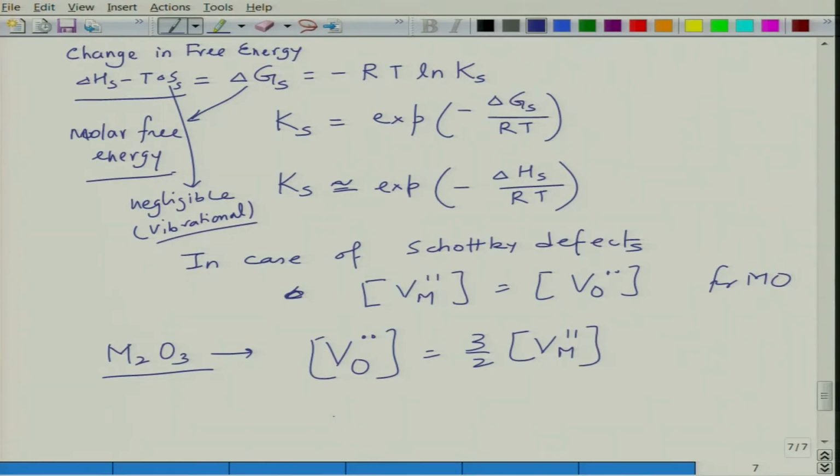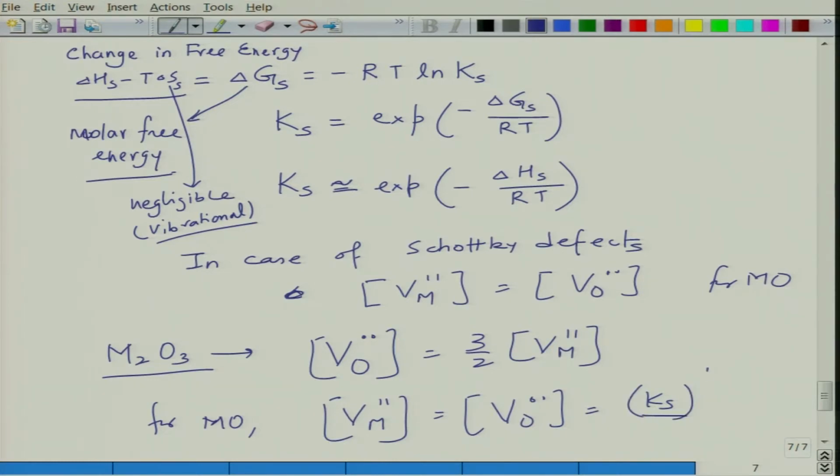This is for M2O3. Accordingly, the reaction constant will change. For MO, [Vm''] is equal to [VO••], which is equal to Ks to the power half, right?